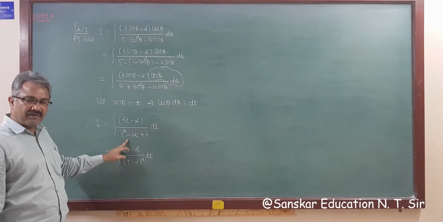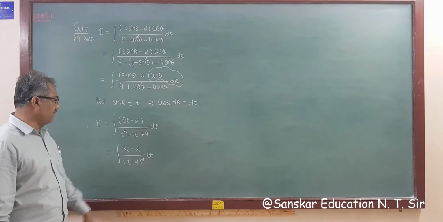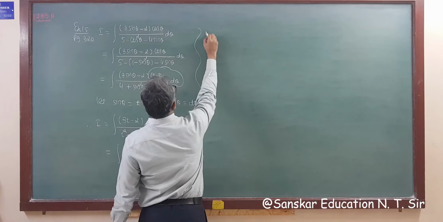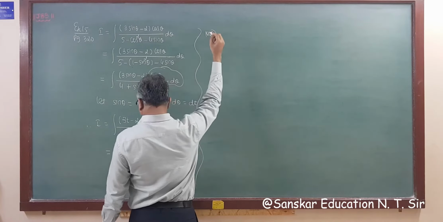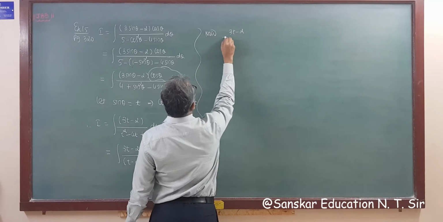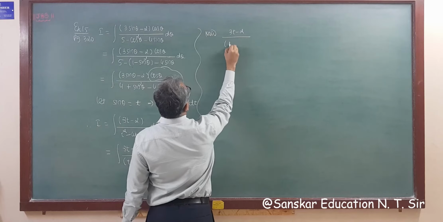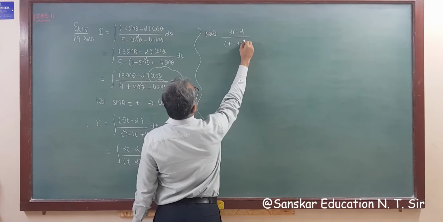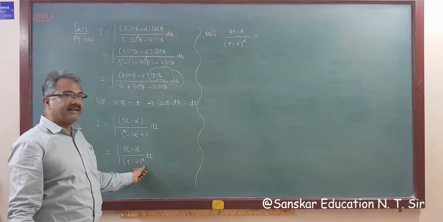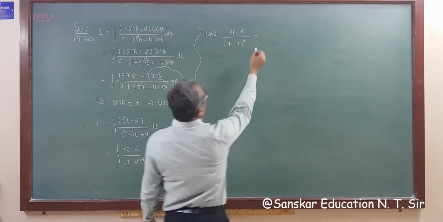Now applying the partial fraction method, the denominator is power 2 and the numerator is power 1, so the numerator power is less than the denominator power. Now we have (3t minus 2) whole upon (t minus 2) whole square, right? Now this is a linear root, but it is repeated 2 times. So what do we have to write?